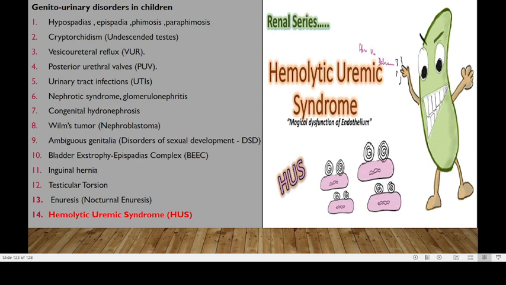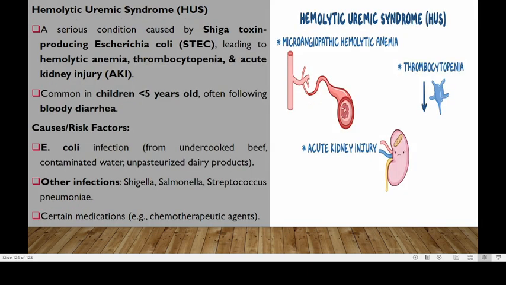The last condition is hemolytic uremic syndrome, abbreviated as HUS. This is a dysfunction of the endothelium, microangiopathic hemolytic anemia. A serious condition caused by Shiga toxin-producing E. coli, leading to hemolytic anemia, thrombocytopenia, and acute kidney injury.